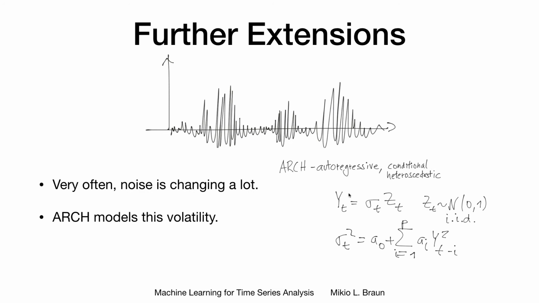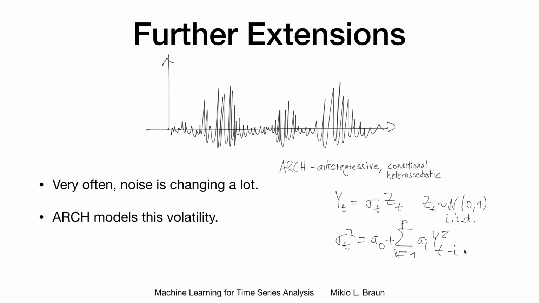The model looks like this. Y_t is again the thing that we can actually measure, and it is given as a product of sigma_t, which is just a number, and z_t, which is IID noise. So the Y_t that we observe is a scaled version of just noise. The interesting thing is that for sigma_t, we have something like an autoregressive model.